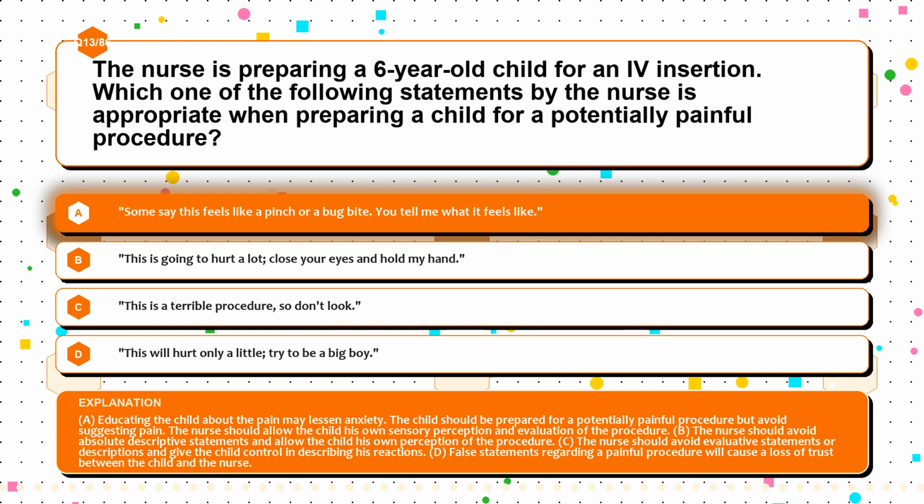The nurse should allow the child his own sensory perception and evaluation of the procedure. B. The nurse should avoid absolute descriptive statements and allow the child his own perception of the procedure. C. The nurse should avoid evaluative statements or descriptions and give the child control in describing his reactions. D. False statements regarding a painful procedure will cause a loss of trust between the child and the nurse.